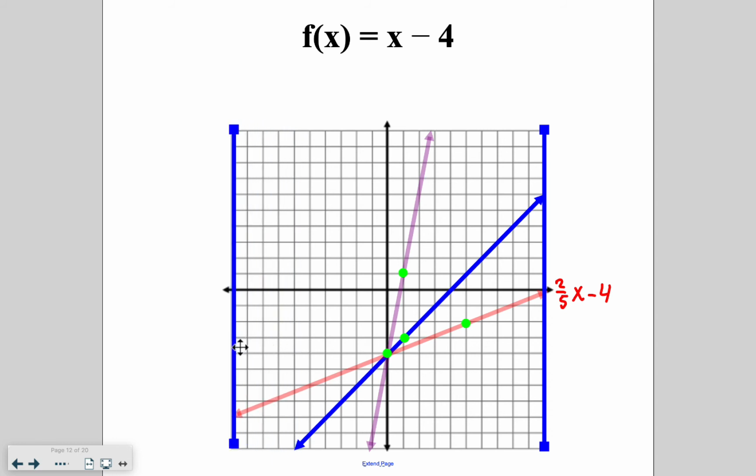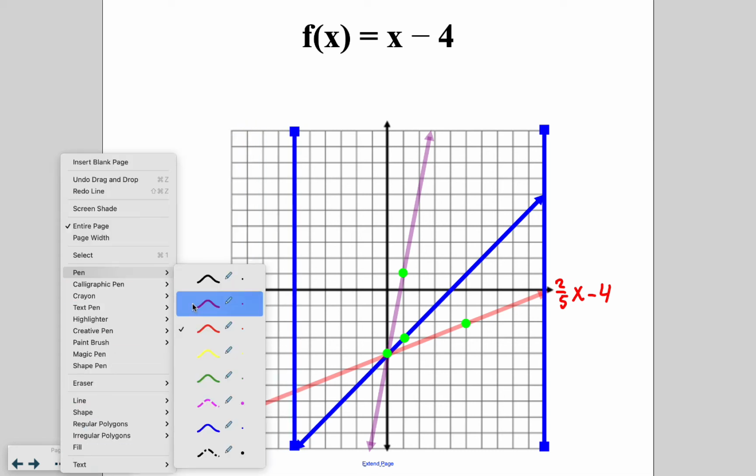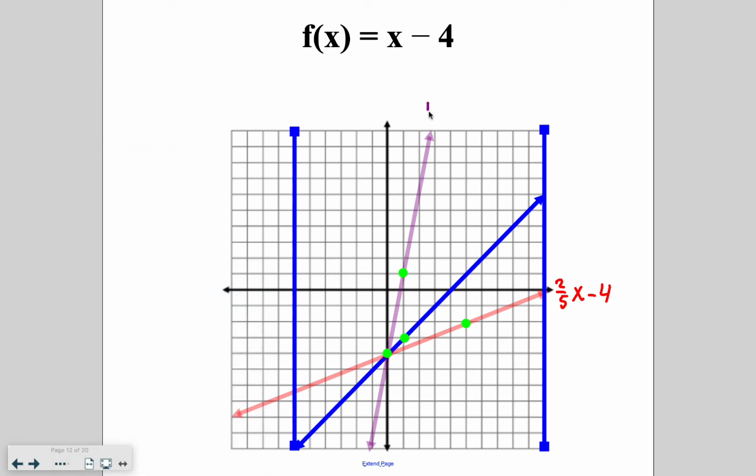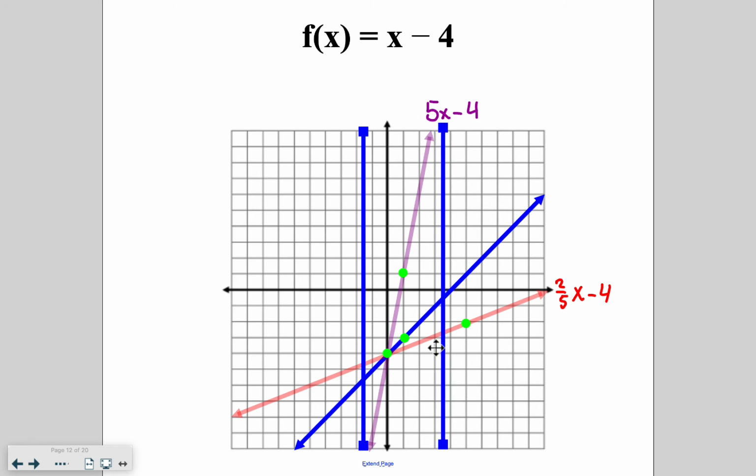It got wider compared to the blue line. If I reset this and now I look at my purple line, which is when I multiplied by 5, so a number bigger than 1, that is our horizontal compression. The area taken up by this purple line going from side to side is smaller, more compressed than the original blue line.